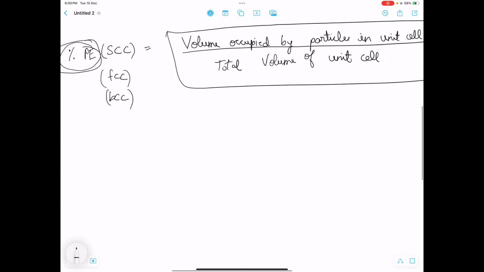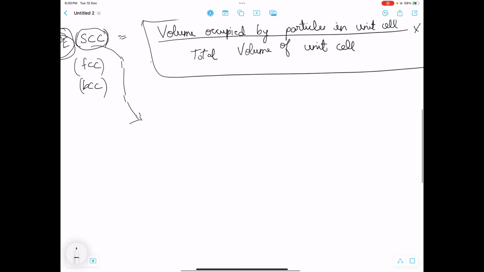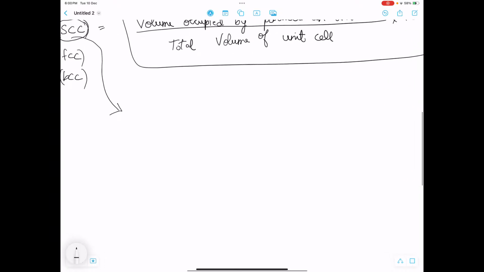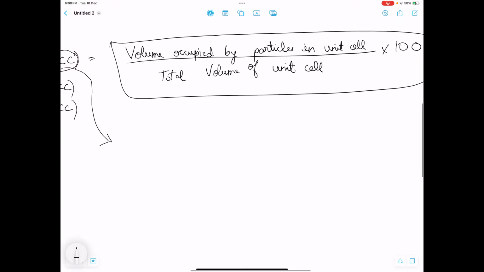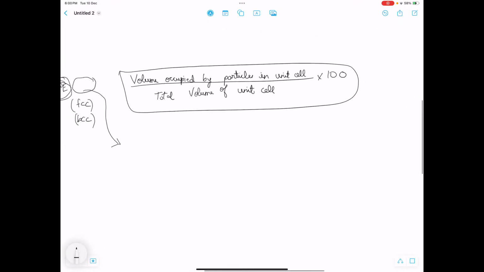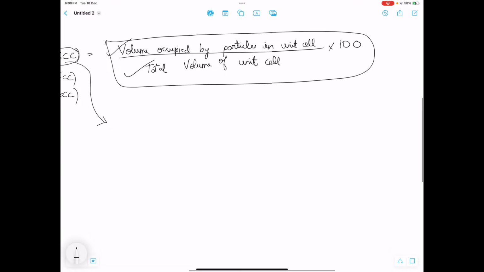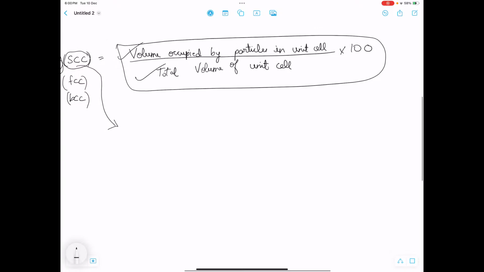Now we are trying to find the percentage PE for SCC, which is simple cubic cell. There are a few steps for this. Let's break down this formula. We need to calculate the volume occupied by particles in the unit cell, and then the volume of the unit cell.